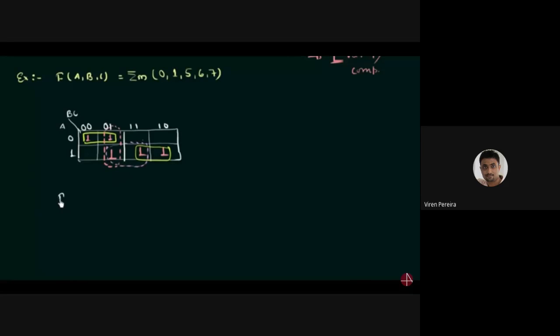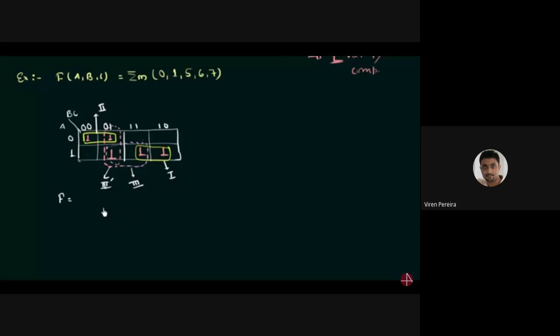So f, let's say this is 1, this combination is 2, this is your first implicant, this is your second implicant, this one is your third implicant.